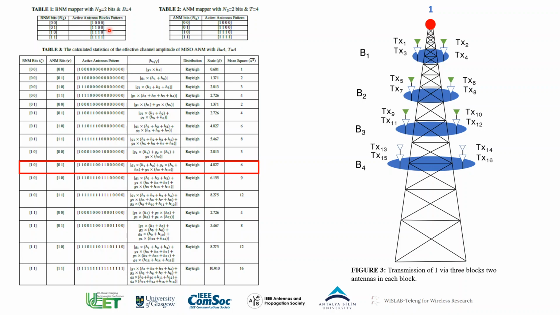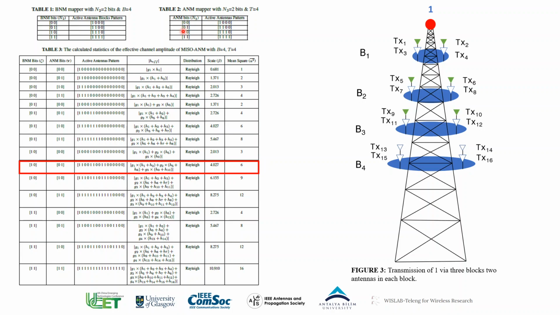When we check the condition for 1, 0, we see that we need to be activating 3 antenna blocks. So we are activating B1, B2, and B3. And in the ANM bits group we had 0, 1. When we check table 2 to see what corresponds to 0, 1 in our mapper, we see that we need to be activating 2 antennas in each active block.